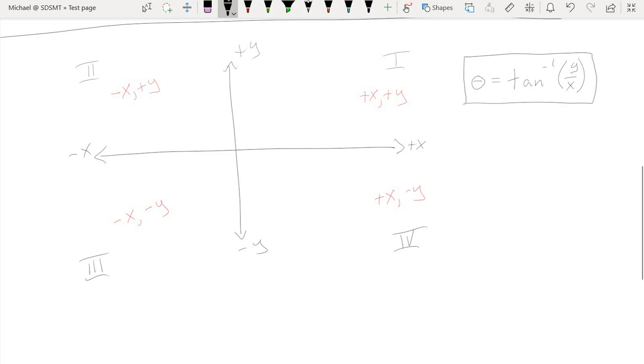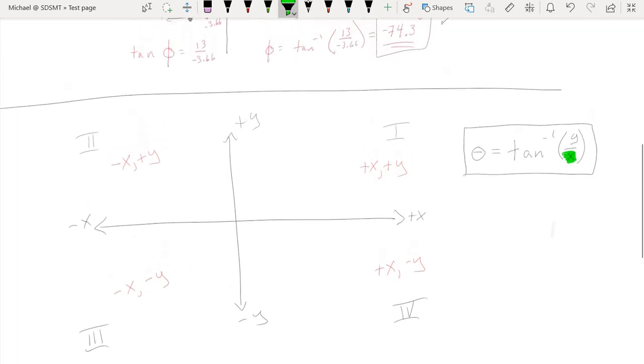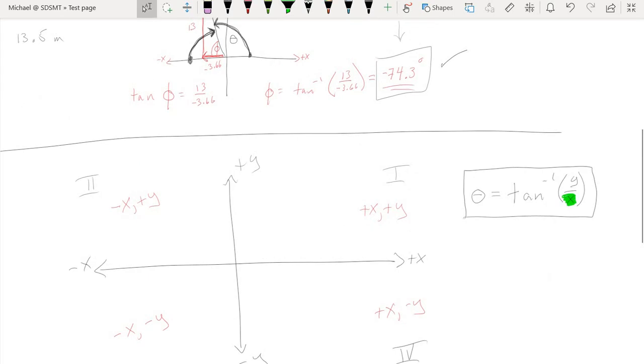And here's the way it's going to work. Whatever you have in the denominator of your inverse tangent expression is the axes that you want to measure with respect to. Now we look at that and you say, well, it's x, so I have to measure from positive x.